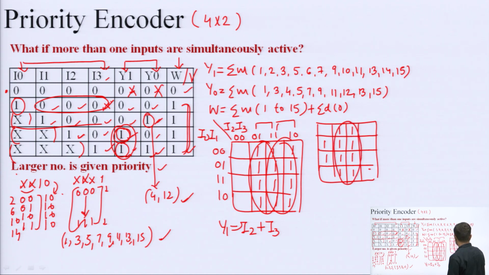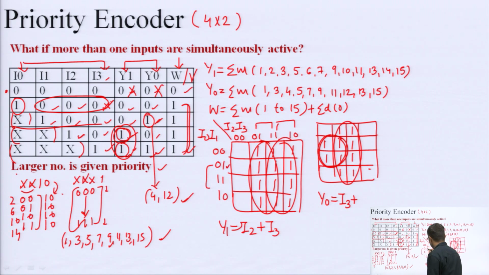So, there is an octet and one quad. So, this octet corresponds to again this is the common term 1 1. So, 1 1 corresponds to I 3. Okay. That means, y naught is equal to I 3 plus this quad is giving me this one common, that means I 1 and above 2 columns which is giving me I 2 bar. So, this is the expression for y naught.